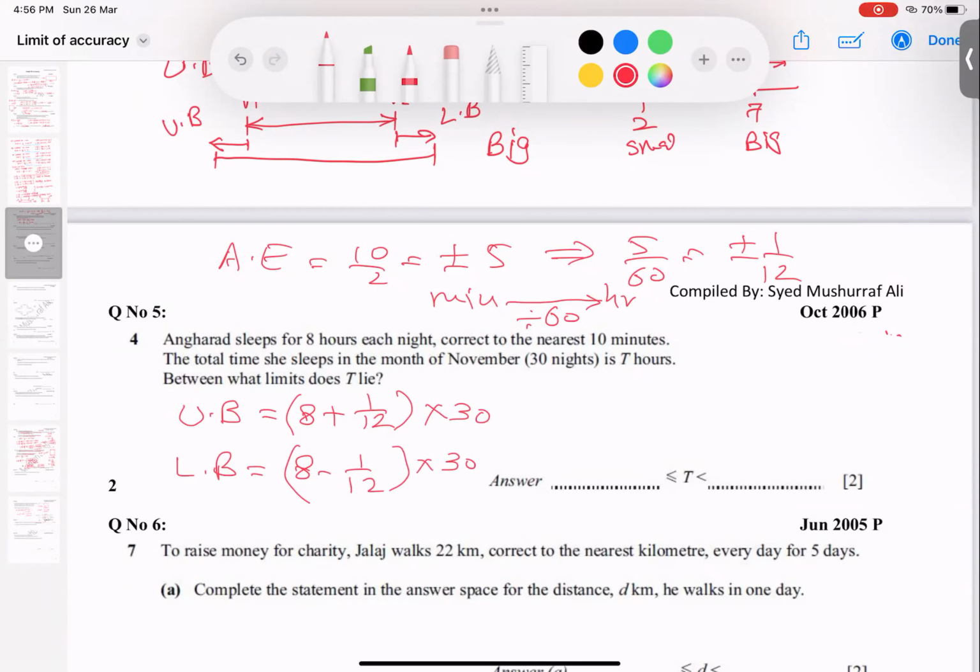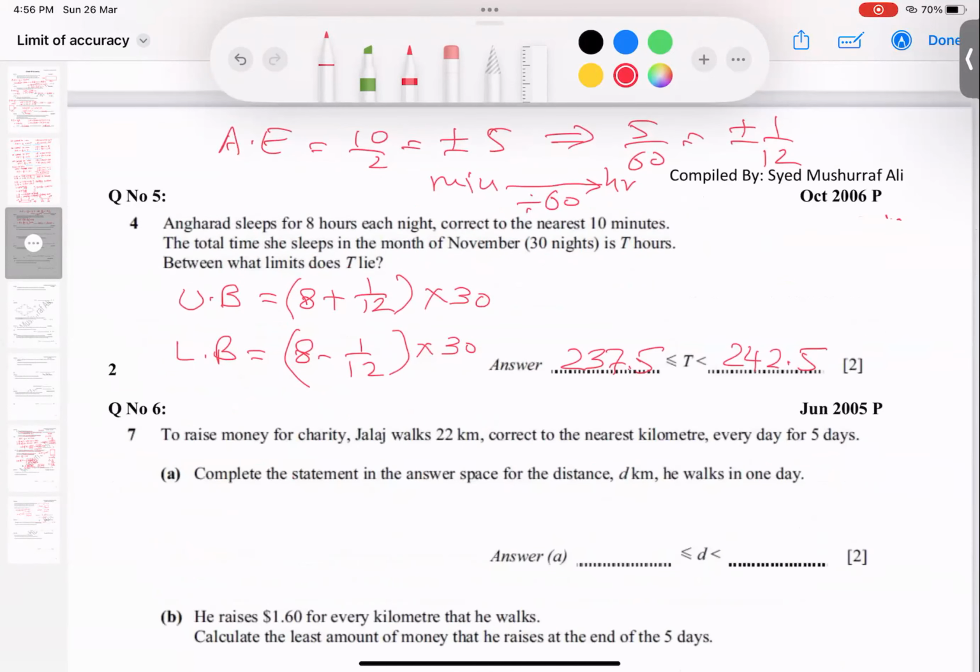My answer is coming 242.5 hours. In the same way, 8 minus 1 divided by 12, multiplied by 30, and I get the minimum hours, 237.5.